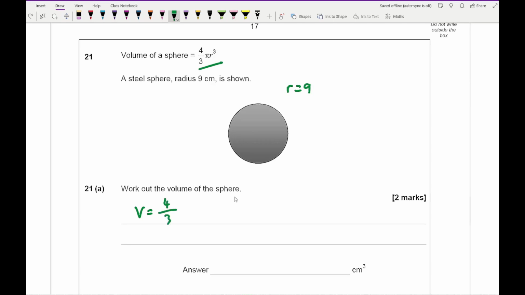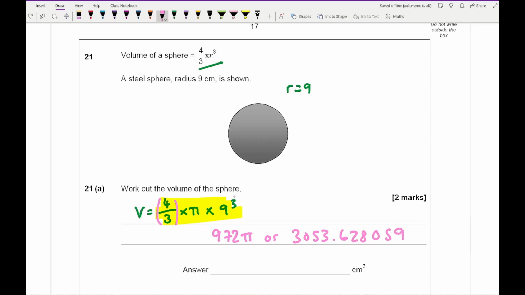So I've got 4/3 times pi times 9 cubed, and if I enter all of this on the calculator, I strongly recommend you use the fraction button on your calculator or put 4/3 in brackets, and you should end up with an answer of either 972 pi or an answer of 3053.628059.